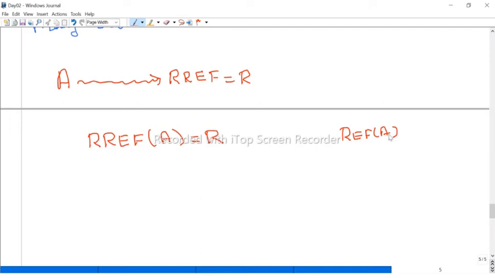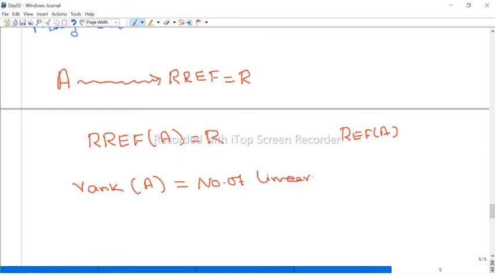So now we define what the rank of the matrix is. We write the notation rank of A. In school days we didn't study the row echelon form, right? So we studied the definition as the number of linearly independent rows.